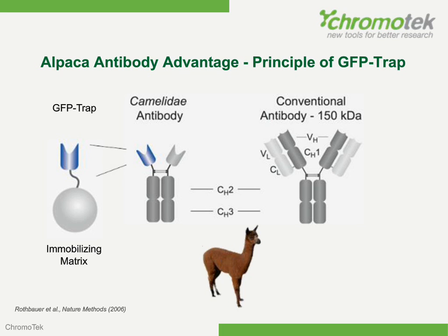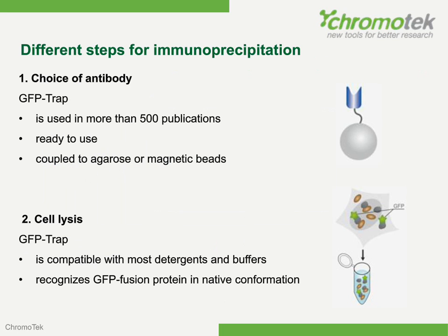The GFP-trap was used in thousands of IPs. It's published in more than 500 publications. It's ready to use, so as I said, just take it out of the fridge, wash, and then you can immediately start your immunoprecipitation. And it's available coupled to different matrices like agarose or magnetic beads or even 96-well plates.